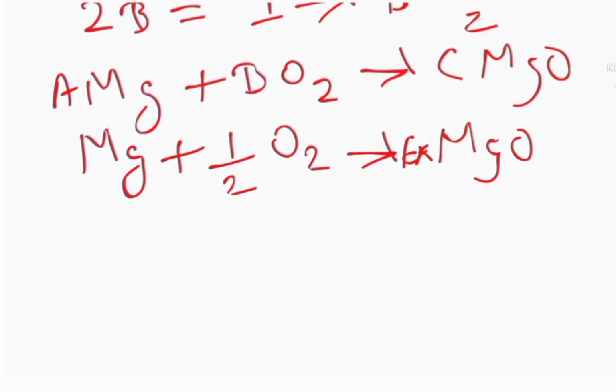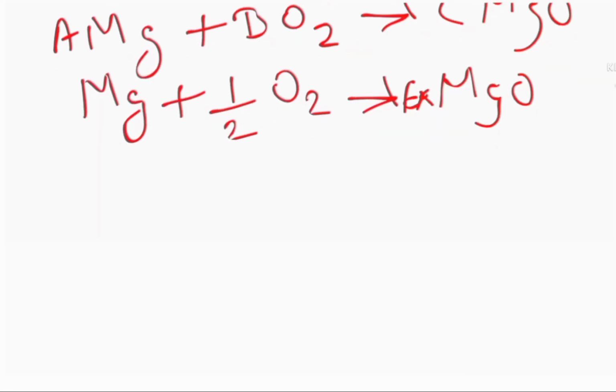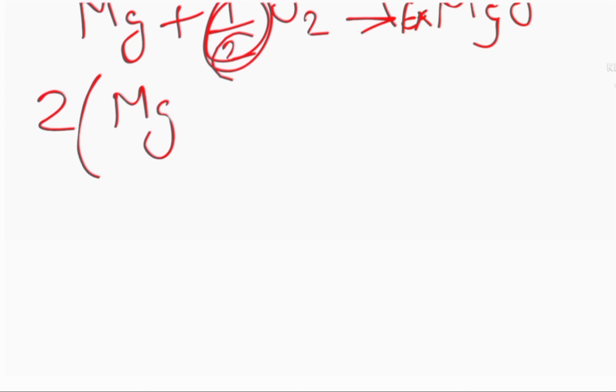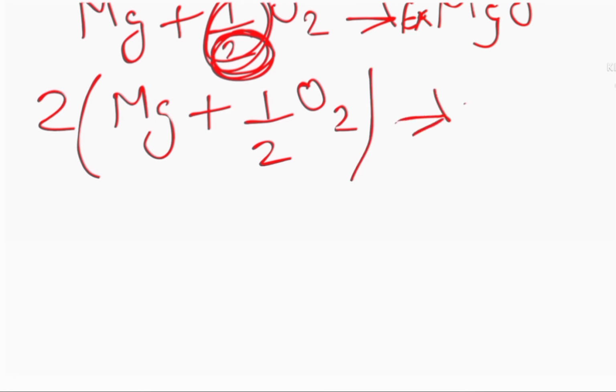Now we have to note one point, that moles cannot be in fraction, so we have to change it into whole numbers. For changing it into whole numbers we have to multiply this whole equation with 2, as its denominator is 2. Then with 1 by 2 O2 we get O2, and 2 into MgO, and also we will multiply it in the RHS.